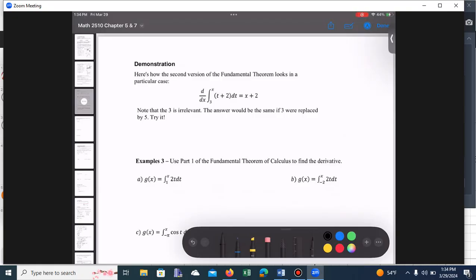And then we're going to do the same thing for 5 to x and see that it wouldn't matter what we put as the bottom limit. So I'm going to do d dx of the integral from 3 to x of t plus 2 dt.